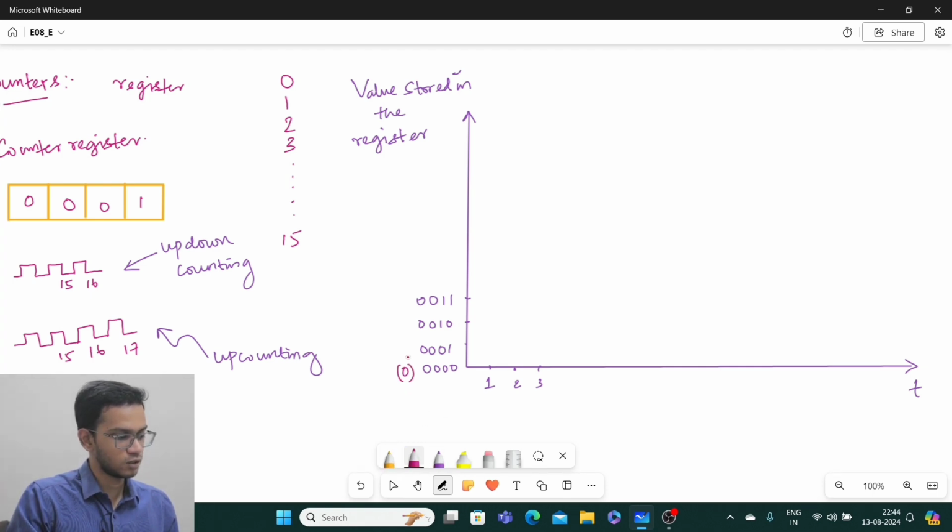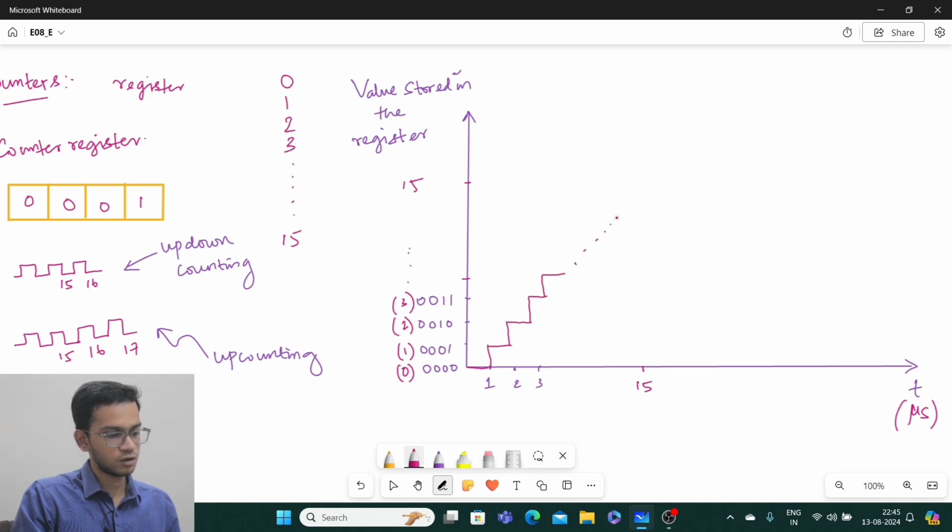So this is 0, this is 1, this is 2, and this is 3, and so on. At the 15th microsecond, and this is time in microseconds, it will reach value 15. So your visual representation will look something like this. Dot, dot, dot. On the 15th microsecond, this will become 15.